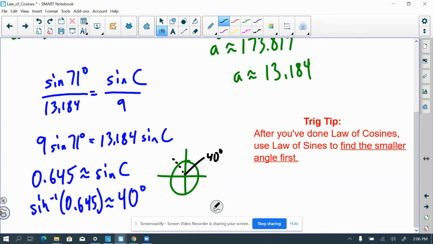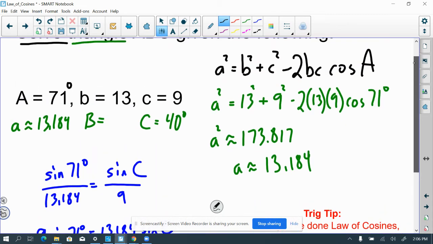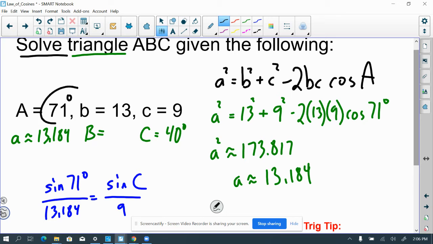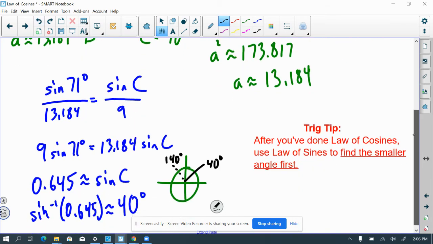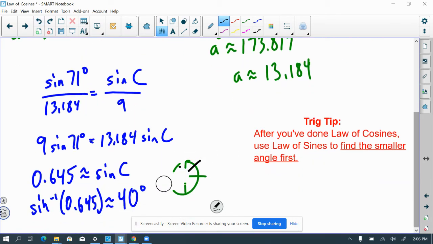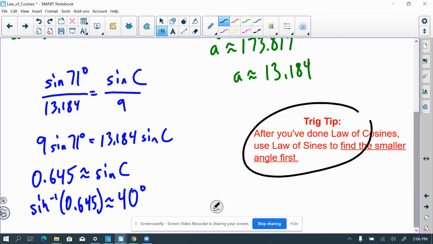But so does this angle over here, which is 140 degrees. 140 degrees also has a sine of 0.645, but 140 degrees would have to be rejected because we know the triangle has 71 degrees, and adding 140 would breach 180 degrees. So that's the advantage of using this trig tip. We want to avoid that.